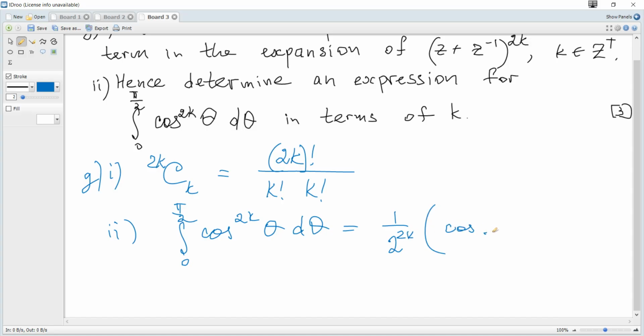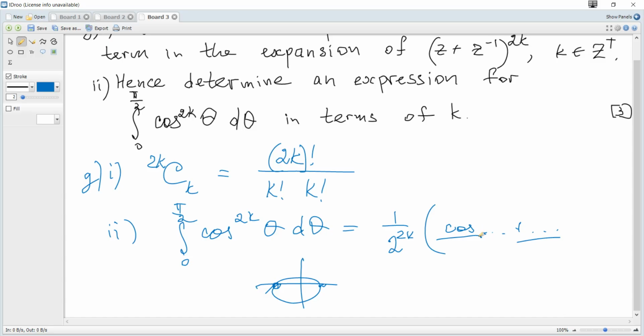something cosine, and all cosines give us zeros, because we get the integral of sine with even argument, and if you substitute 0 and pi over 2, you will get that the limits are equal to sine at these points.